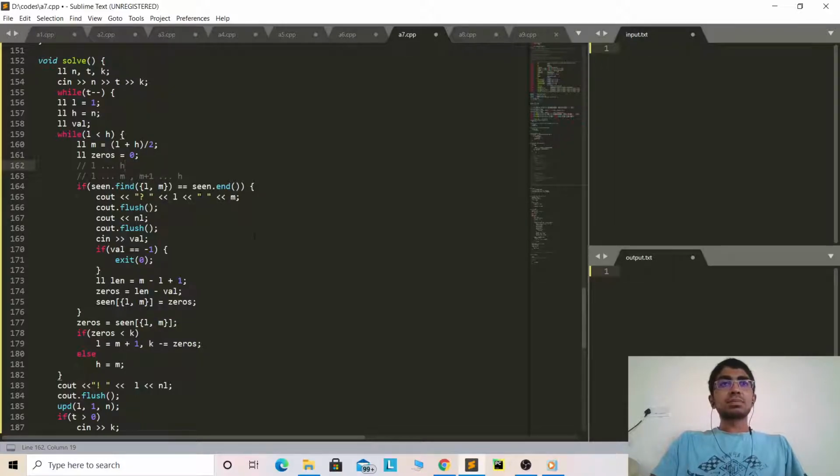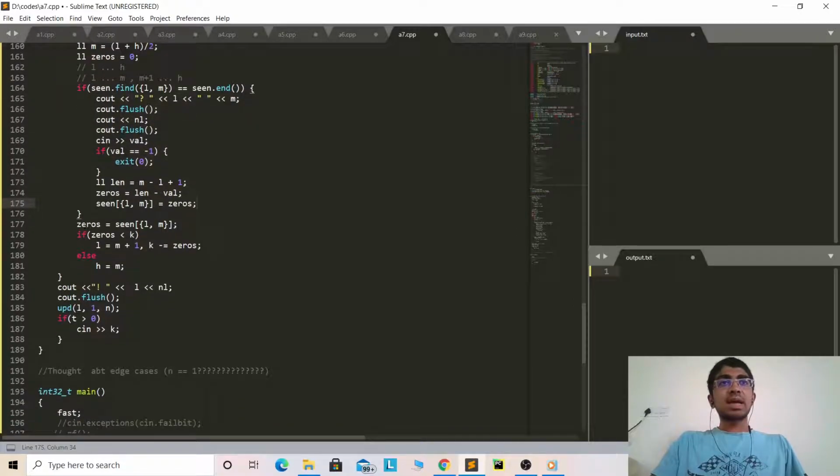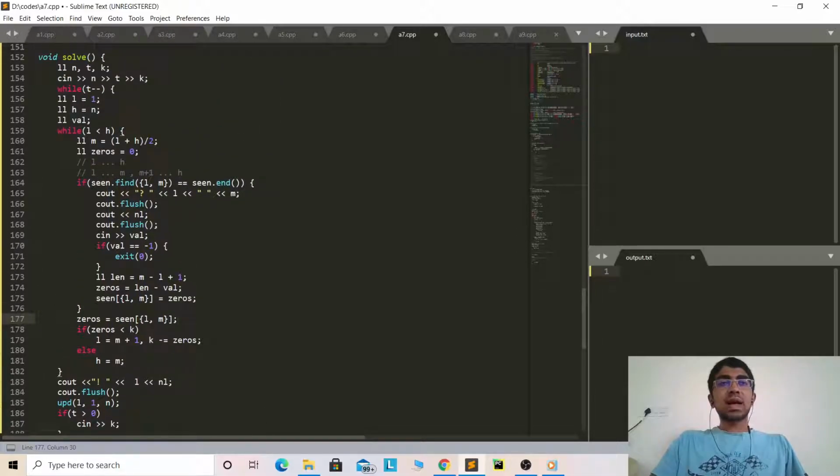If it's not there in the map, then query and do the same thing. But if it's there in the map, then directly get it from the map. Don't query once again. We are just caching it.